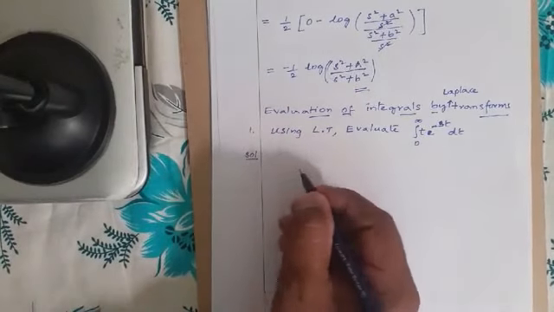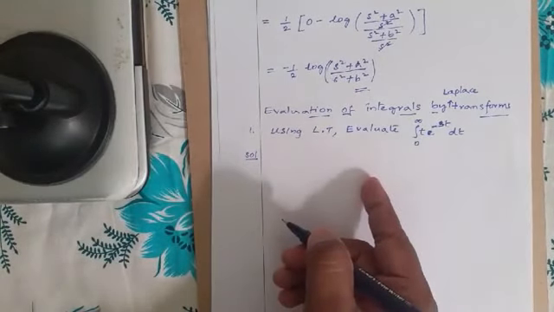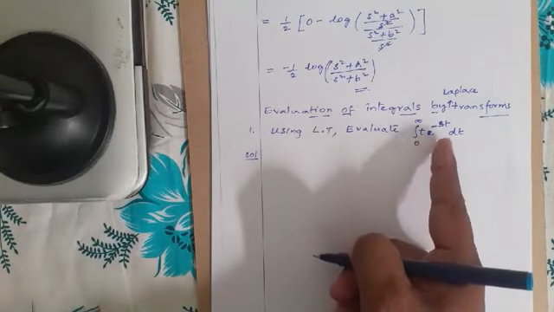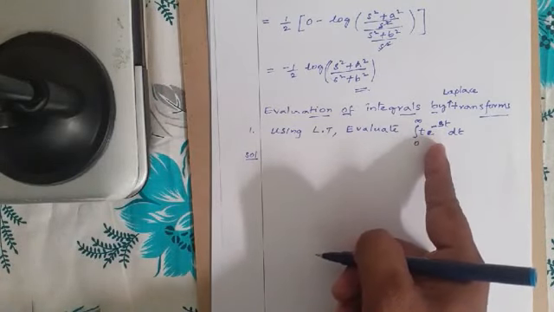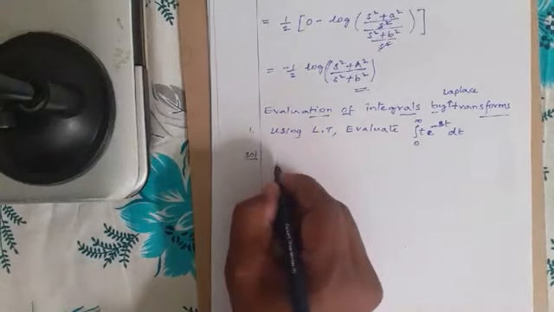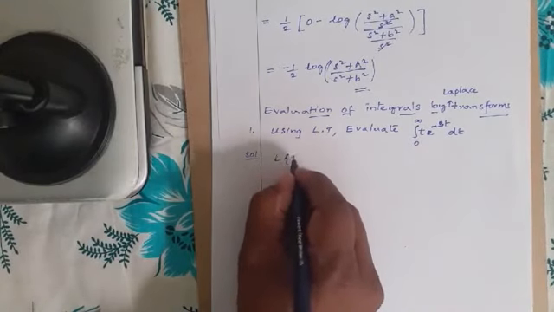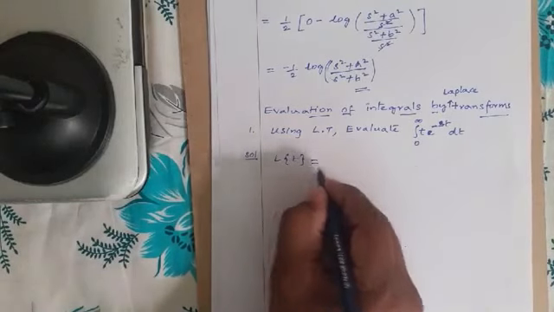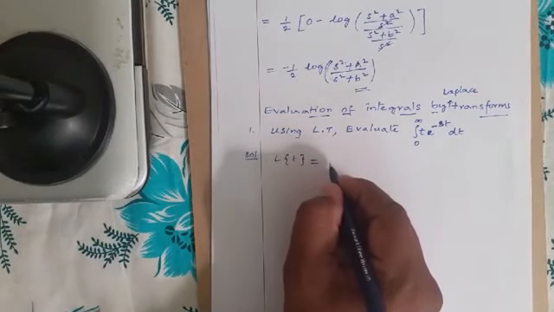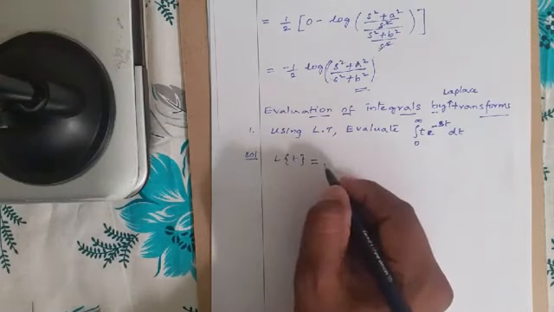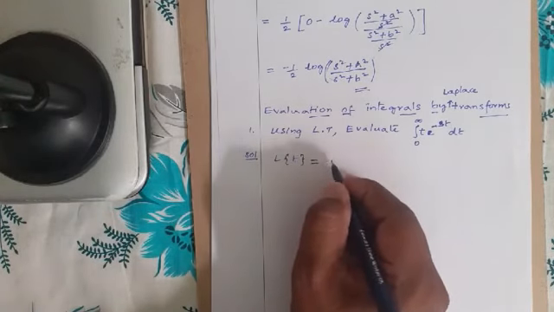Now first, if a problem is given with t accompanied by e power minus 3t or e power at, then we will solve the problem like this. First I find the Laplace of f of t, that is Laplace of t. As you know, the formula for Laplace of t power n is n factorial by s power n plus 1.